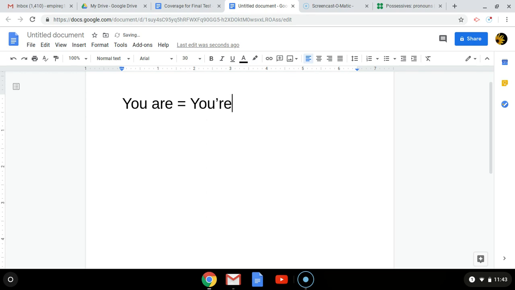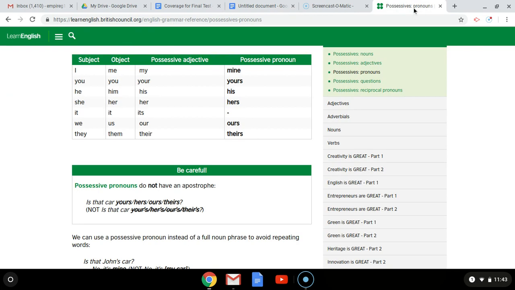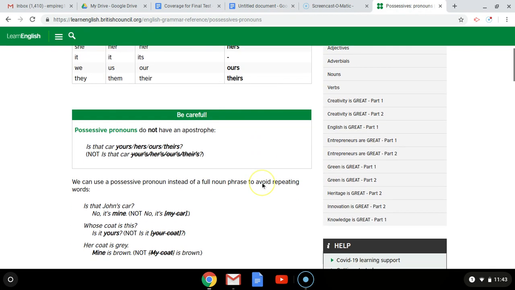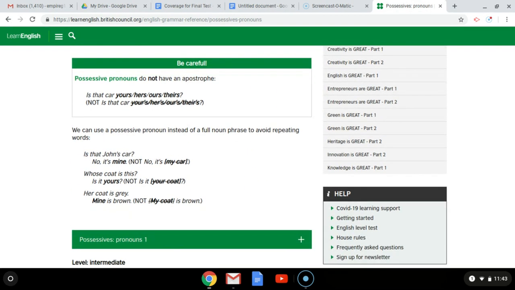We use an apostrophe if we combine two words. But yours is a possessive pronoun, so you don't use an apostrophe on that. Don't put an apostrophe if you're talking about possessive pronouns.